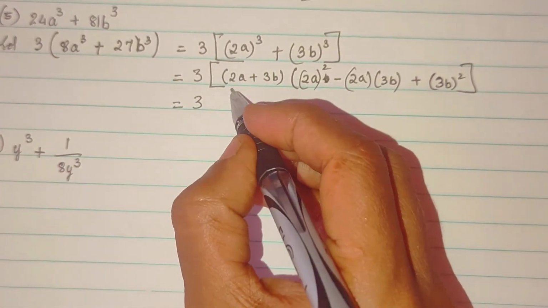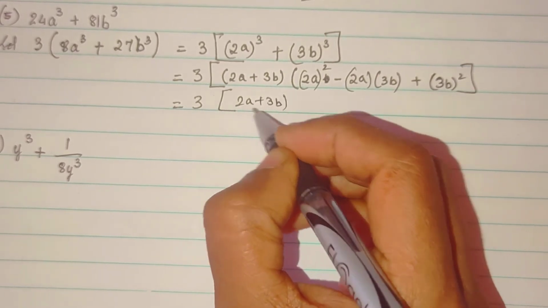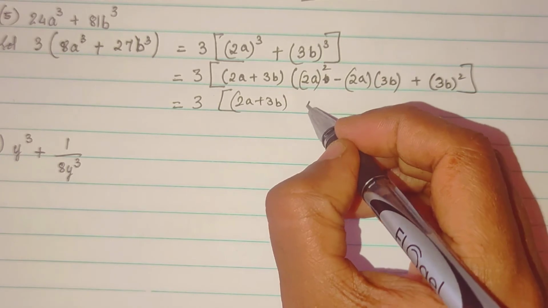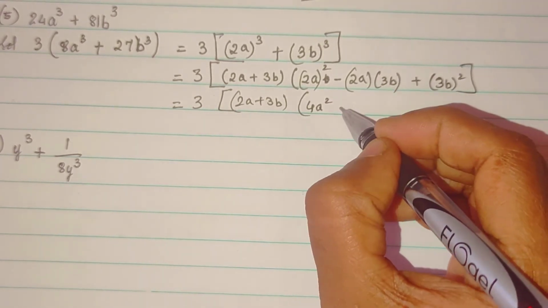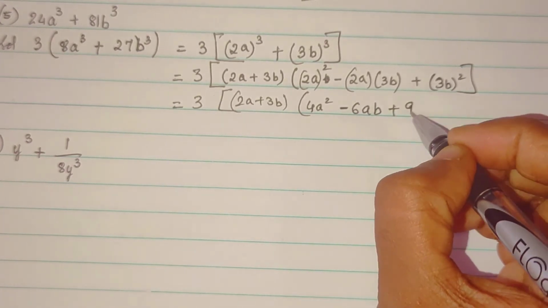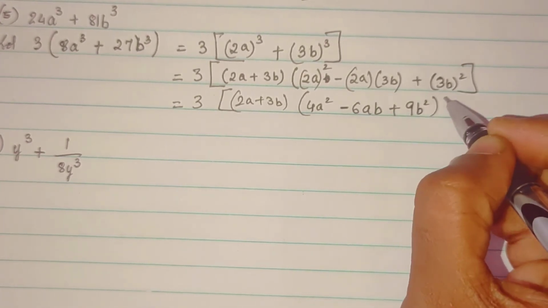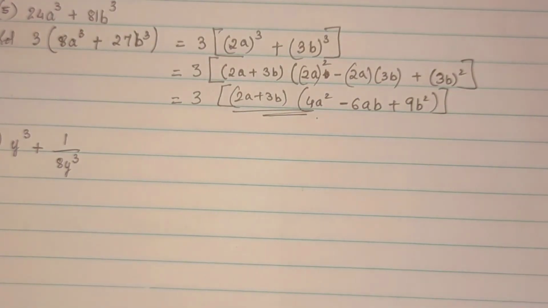So 3 into 2a plus 3b will be as it is. Then 2 2s are 4, 4a square. 2 3s are 6, 6ab. Then 3 3s are 9, 9b square. Okay. So this is the answer.